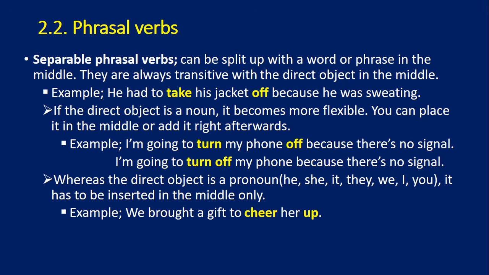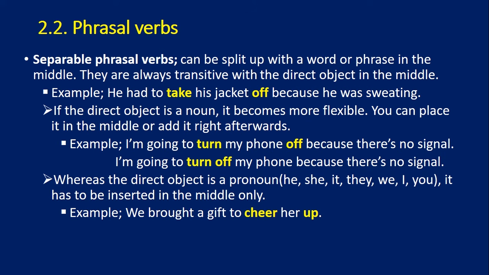And then we have separable phrasal verbs. We know that phrasal verbs are phrases that contain 2 or 3 words, which are a verb and a preposition or a verb and an adverb. Usually they are inseparable, but there are ones we can separate. We can put a pronoun or a direct object in the middle, or we can just take it out.